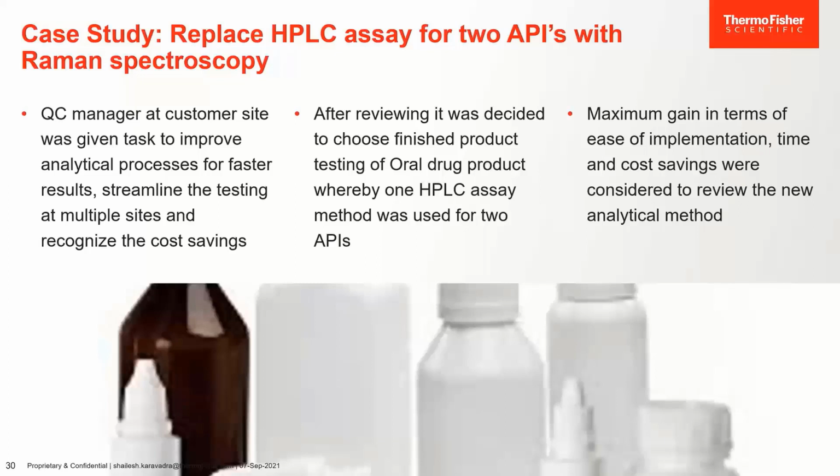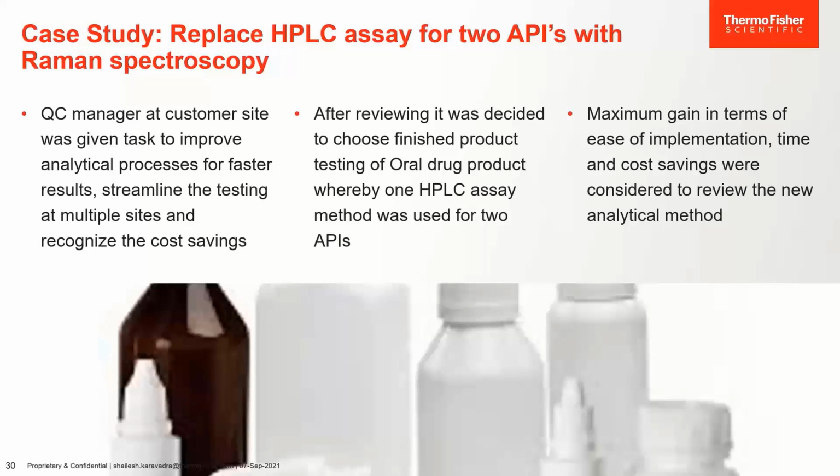For these 2 APIs, one HPLC assay was used, and the customer decided to improve some of the analytical processes. This product and this test was chosen because it was easier to implement and they could replace completely one test using Raman spectroscopy.